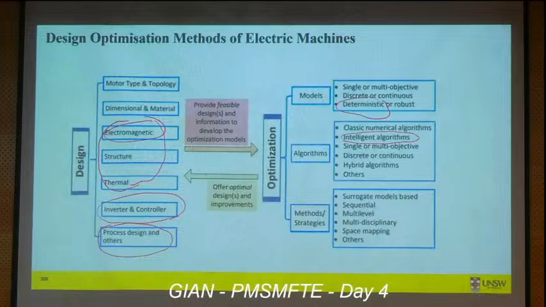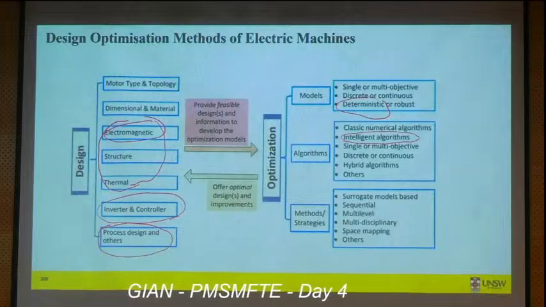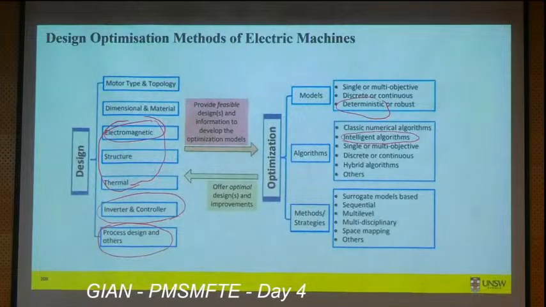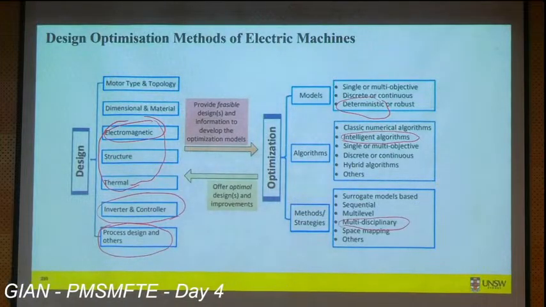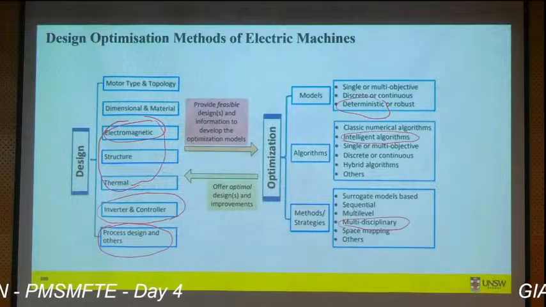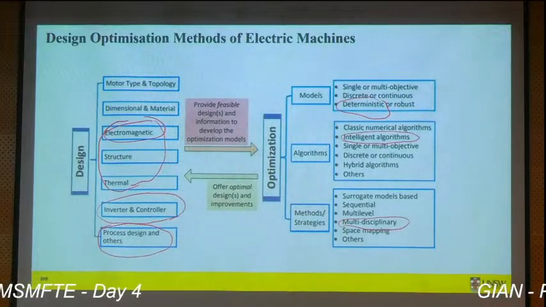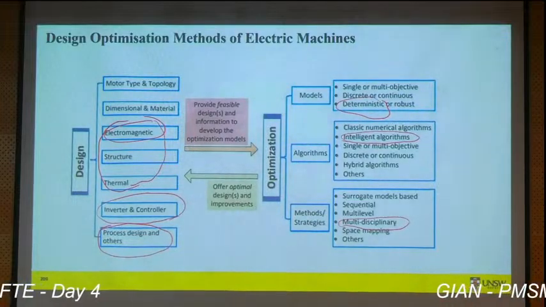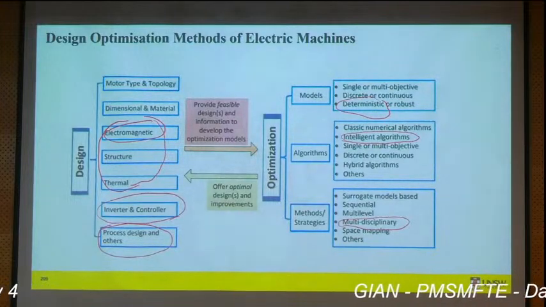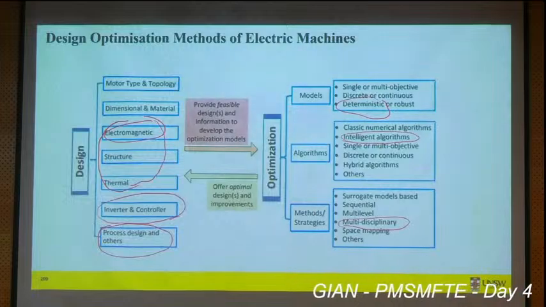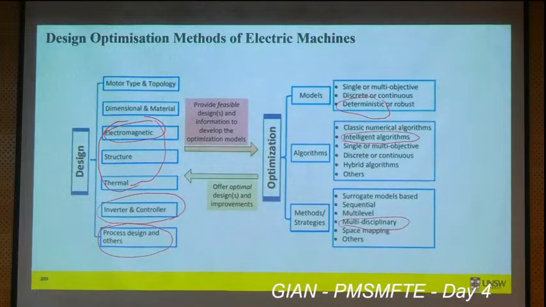Okay? And the last one is the strategy based, especially if we are doing multidisciplinary optimization, like if you want to include it as a system level optimization. You are including your inverter, controller, and all three things: the electromagnetic, structural, meaning mechanical, and thermal.